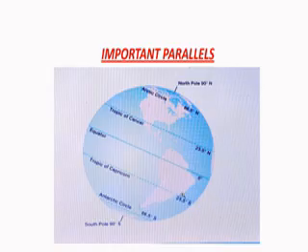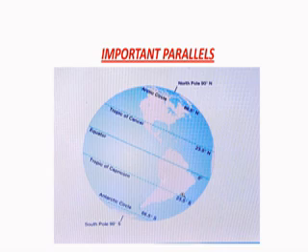Now look at the important parallels. There are a total of 7 parallels. Other than the equator, the North Pole and South Pole, there are 4 important parallels also. The Tropic of Cancer, 23.5 degree north.